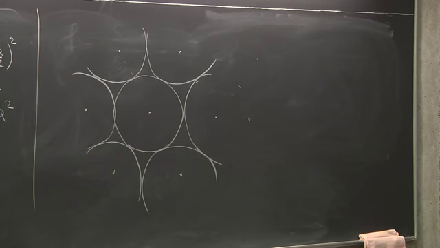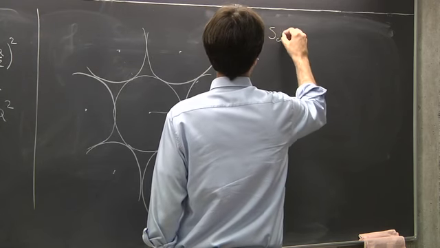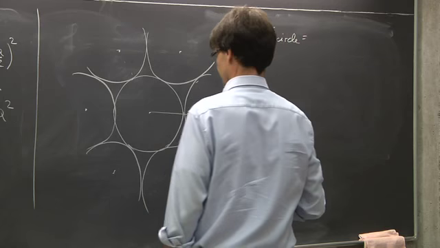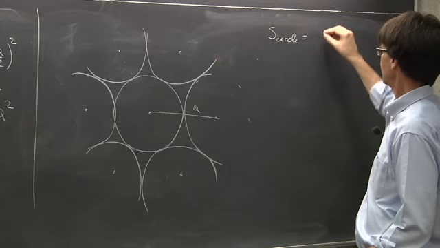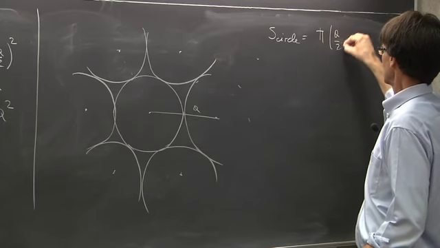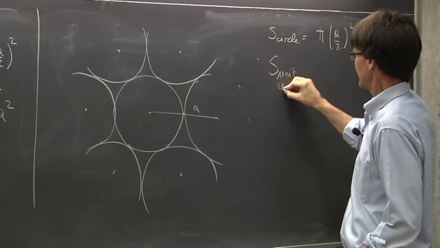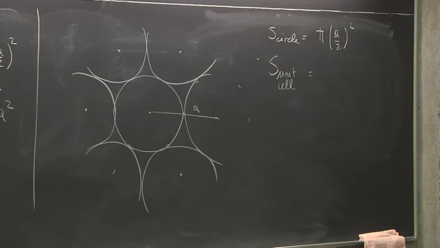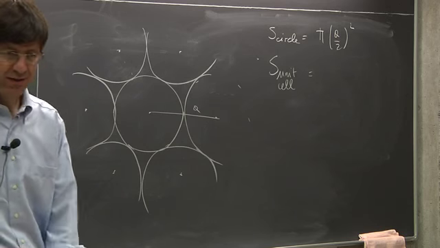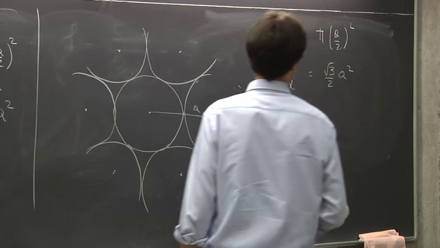But how much? Well, if this is a, the area of the circle is the same, right? Pi a over 2 squared. What about the unit cell now? That is the area per Bravais lattice point. We calculated already, right? So it's square root 3 over 2 a squared.